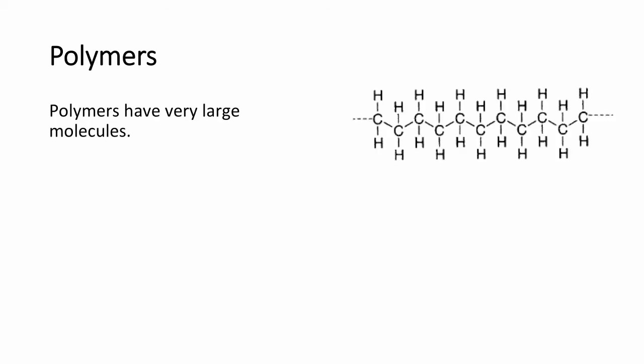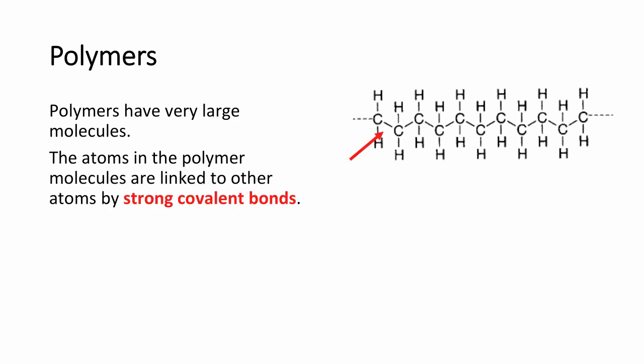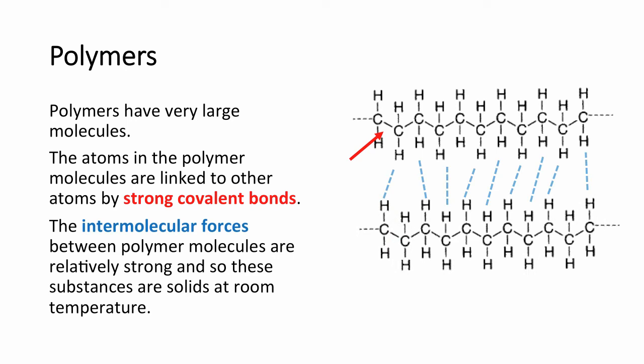Polymers. Polymers are very, very large molecules, and the atoms within the polymer are held by intramolecular bonds, which are very strong covalent bonds. And the bonds between the chains, these are intermolecular forces, and these are very weak, as we've seen before.